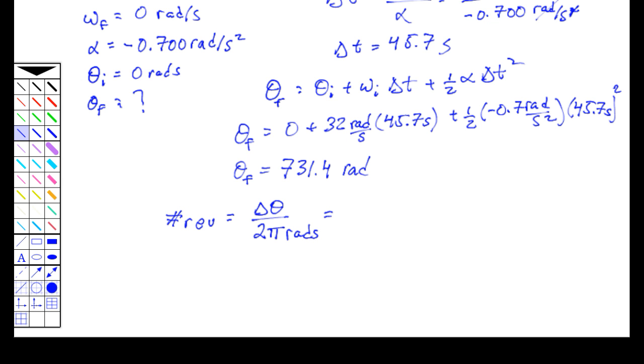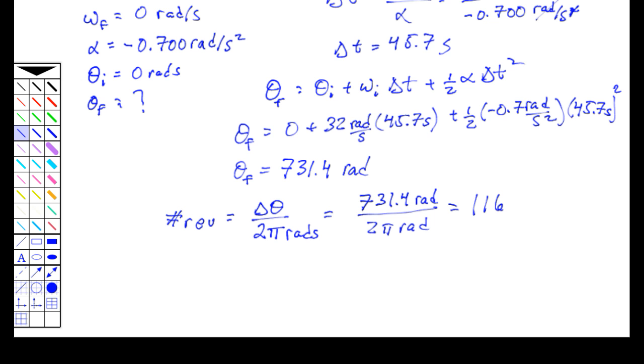Our change in angle, if we go from 0 to 731 rads, is just 731.4 rads, and we divide by 2 pi radians, and we should get 116 as our number of revolutions.